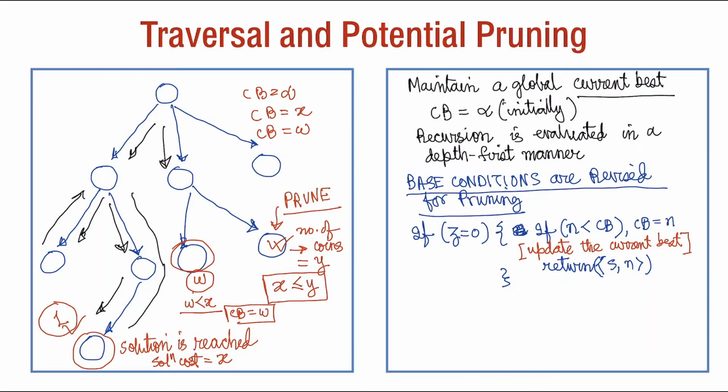The other case is if z is less than 0. If z is less than 0, then obviously we will return null infinity.